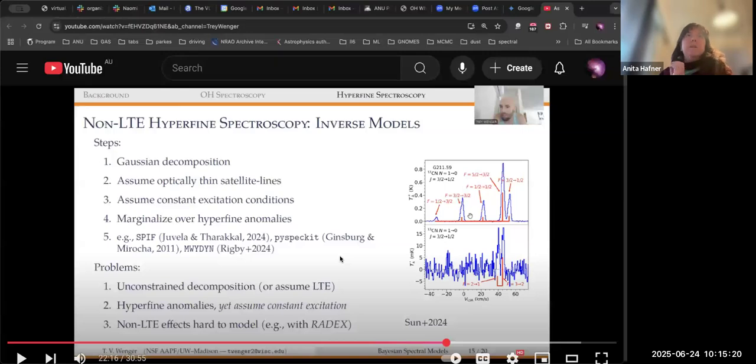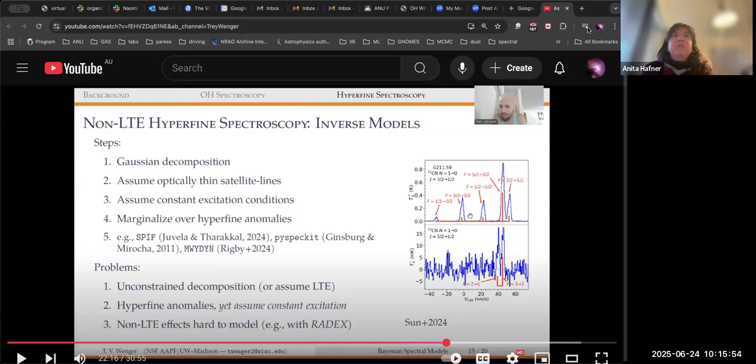In LTE, if you knew the temperature, you'd be able to predict the height of all of those lines, because the height of the lines is a function of the excitation temperature, which is the relative population of the levels, which in LTE would be equal to the gas temperature. And then also a function of the optical depth, which itself does have excitation temperature in how it's calculated, but the most important part of optical depth is the column, how much gas you have.